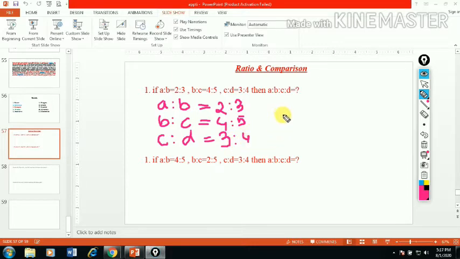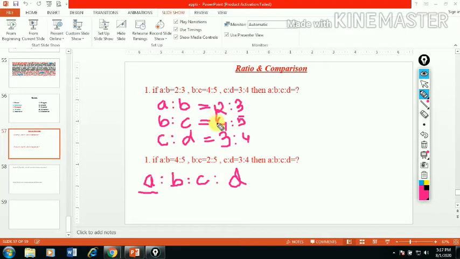Now you have to find A is to B is to C is to D. So what is the shortcut method?